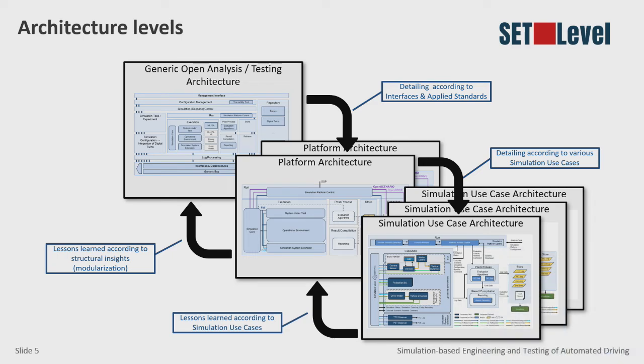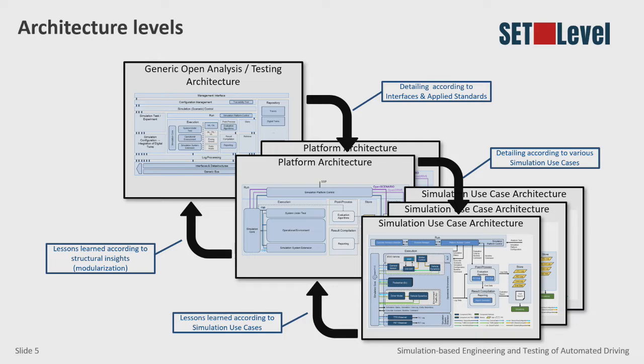You've seen this overview picture with the different levels of granularity of architecture design. The idea, as Stefan Rude explained, is to start with a generic description of the architecture, then add more details bit by bit, and come to a concrete design of the architecture as the basis for the implementation.